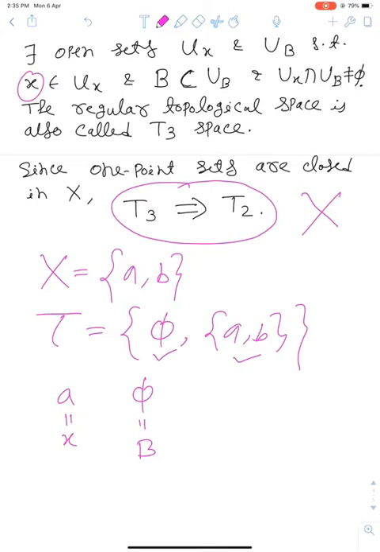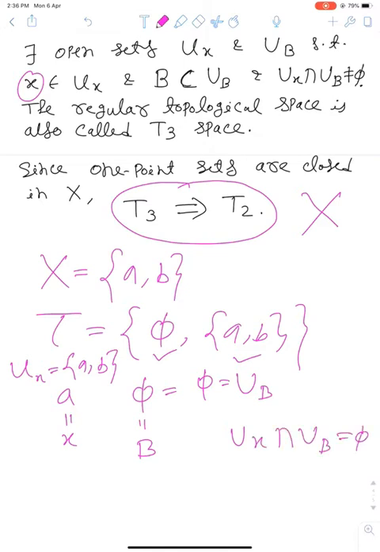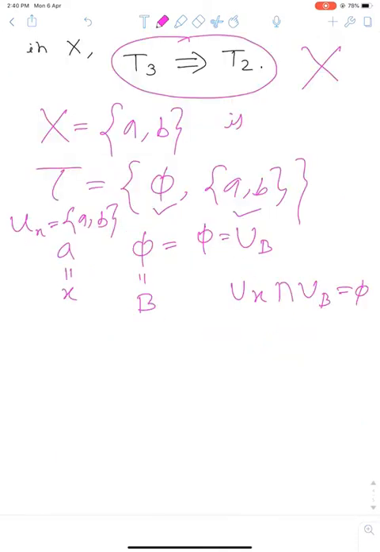Now one can choose the open set containing A, that is you can choose my Ux equal to {A, B}, and you can choose the empty set as my set UB. Then Ux intersection UB equals empty, right? Now this is true for any pair of points and closed sets, right? Therefore, this topological space is regular.